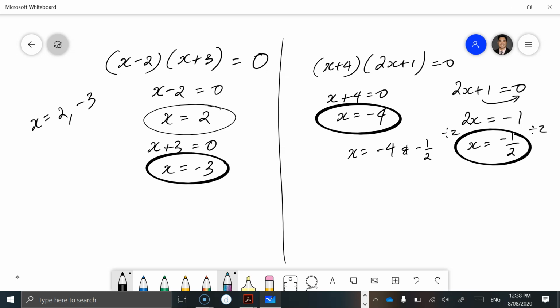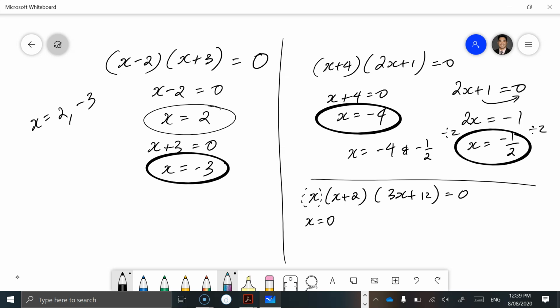Okay, let's do one more. We'll do x, x plus 2, 3x plus 12 is equal to 0. It doesn't really matter how many factored terms there are. We could say that there's a third one there. So x equals 0 as your first solution.